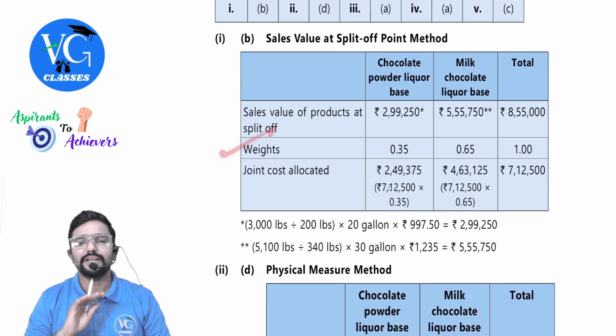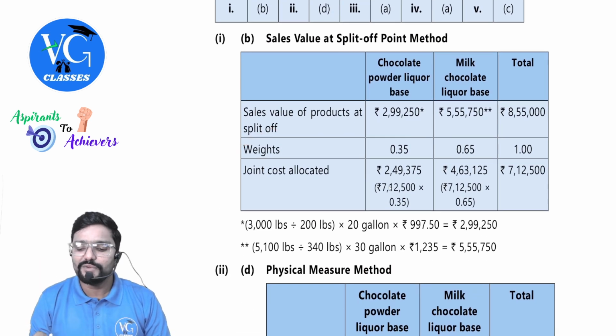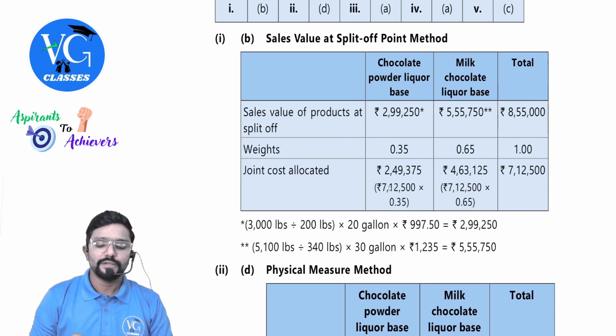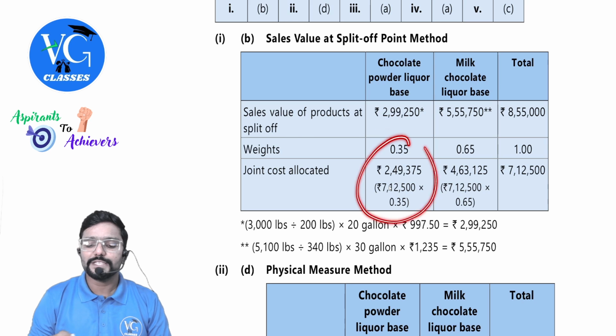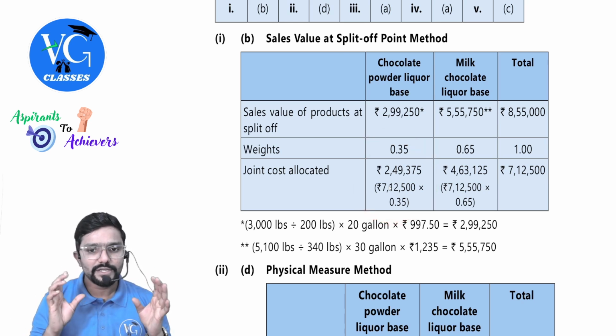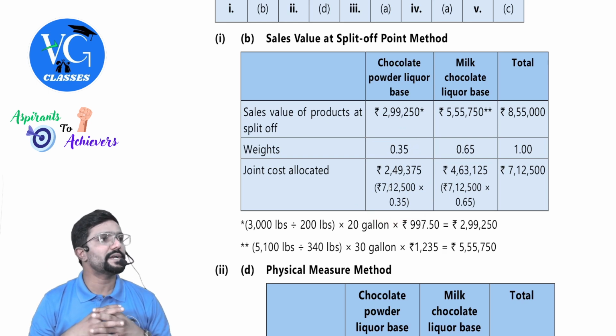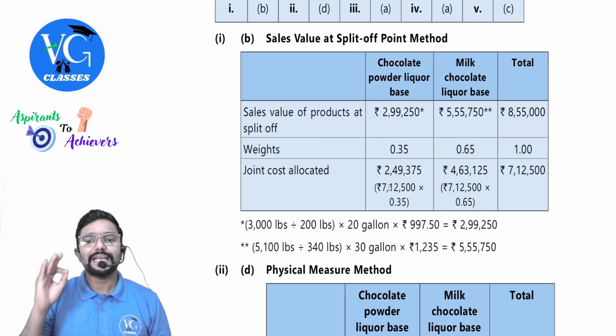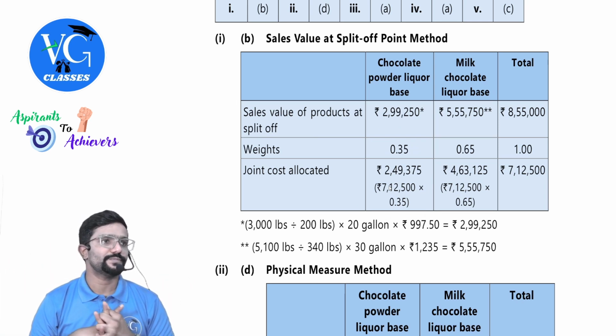Again, they have calculated the weight, which is not required. The total comes to how much, sir? 8,55,000. So how much has to go to chocolate powder liquor base first, guys? Come on. Total joint cost is 7,12,500 into 2,99,250 divided by 8,55,000.